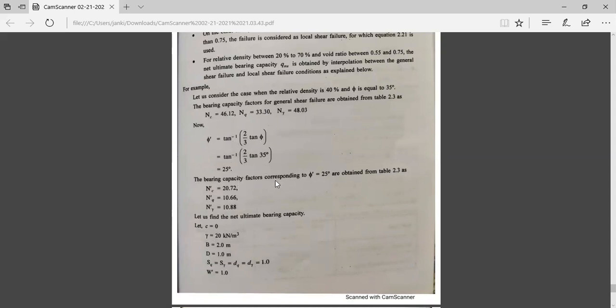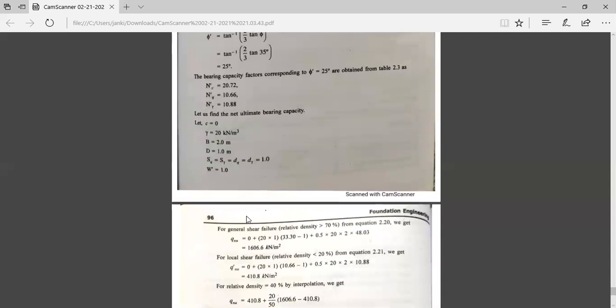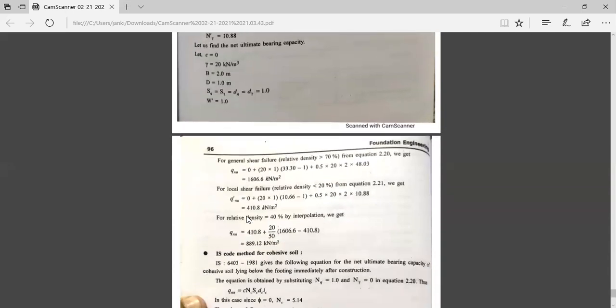Now, second, the bearing capacity factors according to phi dash equal to 25 degrees are obtained from this table: the NC dash, NQ dash and N gamma dash values. Then we find the net ultimate bearing capacity.